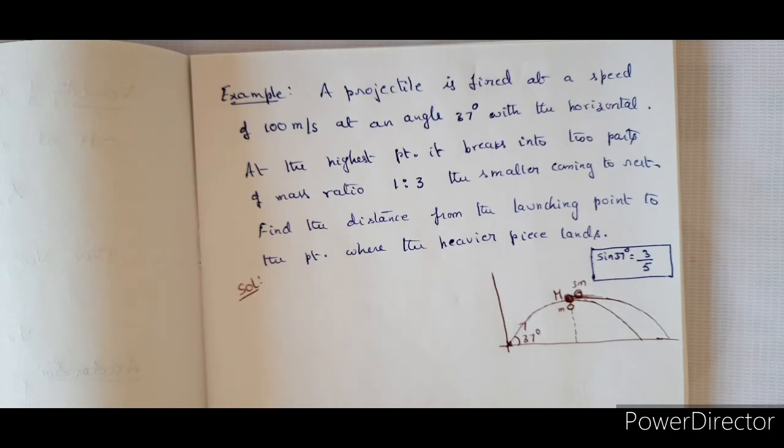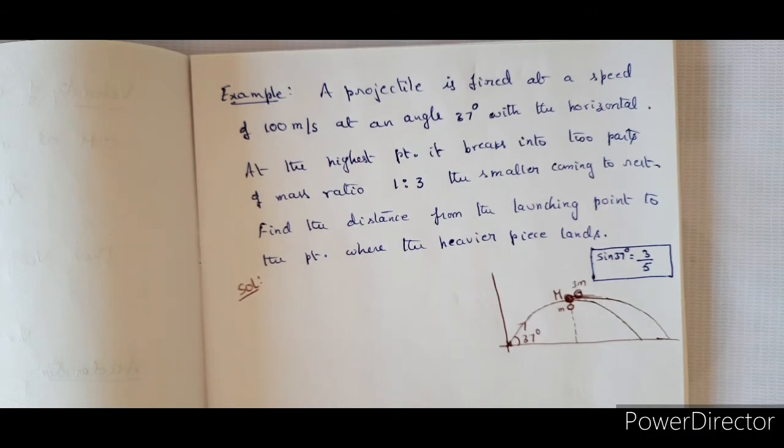So are they moving in exactly opposite directions? No. Let us read it. The smaller is coming to rest exactly at the same point. That means at maximum height, the smaller particle comes to rest. That means there is no momentum given to the first particle. From the law of conservation of linear momentum, when there is no external force, the momentum is conserved.